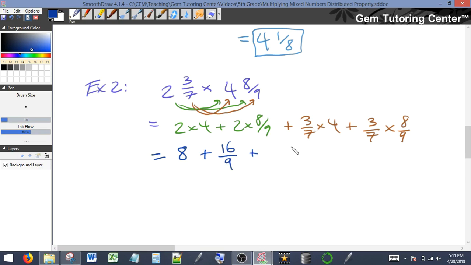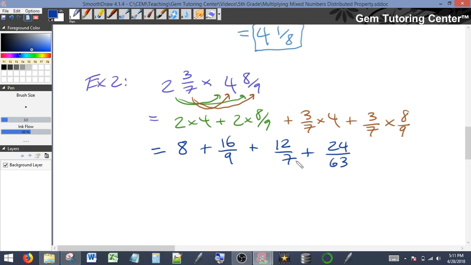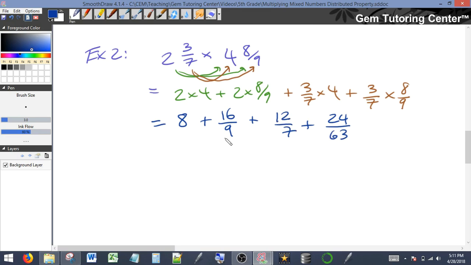And then this one is going to be 12 over 7. This will be 24 over 63. Okay, so we have two improper fractions. So let's make those mixed numbers, simplify them. So this will be 8 plus 1 and 7/9 plus 1 and 5/7. And then the remaining term plus 24 over 63.